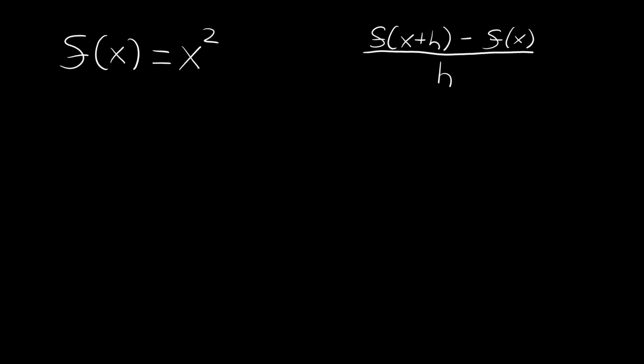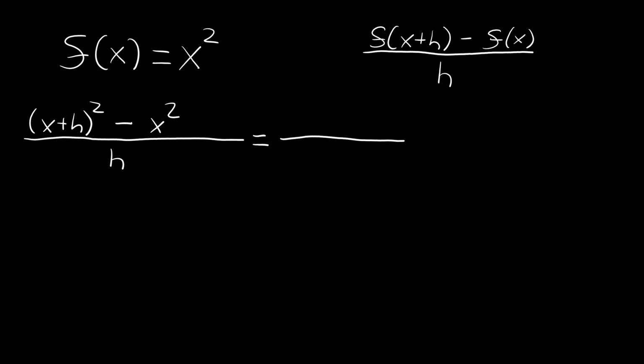For this problem, step 1, we're going to plug in x plus h into our function. So x plus h squared, then minus f of x, so x squared, all over h, which then equals, we'll expand x plus h squared, so x squared plus 2xh plus h squared minus x squared all over h.